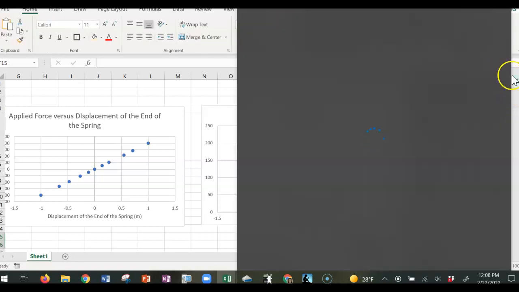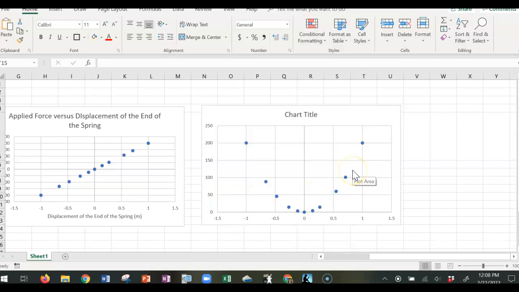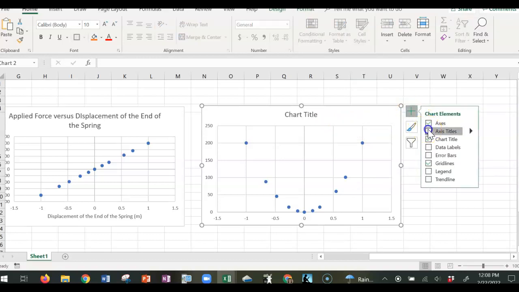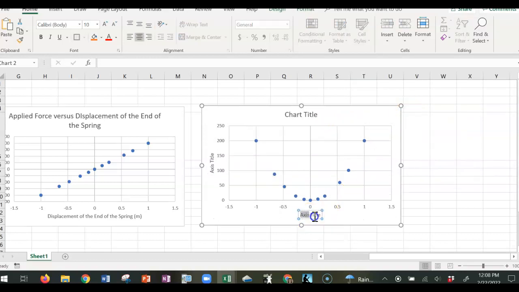Okay, oh dear. I wish it wouldn't open this thing. Okay, here we go. So, interesting graph. Let me put some axis labels. Here I have the displacement of the end of the spring in meters, and over here I have the elastic potential energy stored in the spring, and that's in joules.